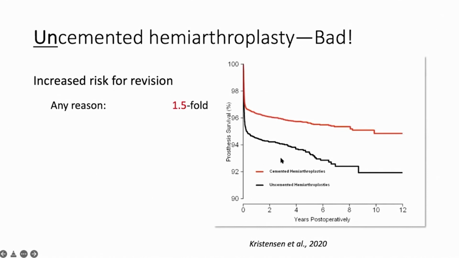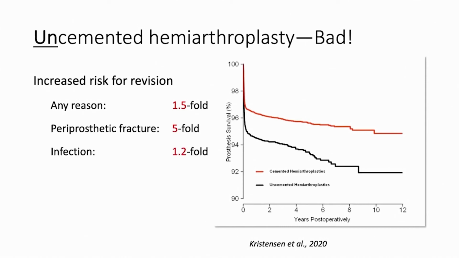You can see that the risk of revision for uncemented hemiarthroplasties is much higher, their prosthesis survival is lower, and the risk of revision is about 1.5-fold when compared to the cemented hemiarthroplasties. The reasons for this are a severely increased risk of periprosthetic fracture and a slightly enhanced risk of periprosthetic infection when you're using cementless implants.